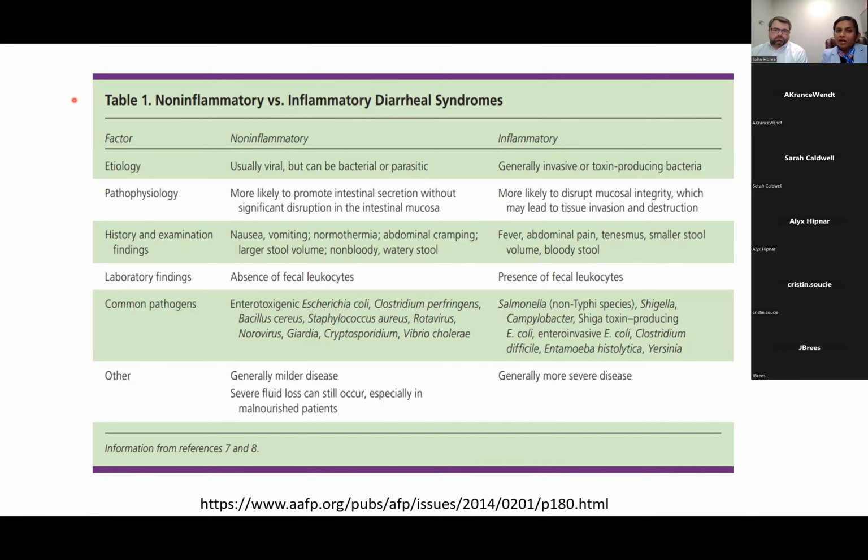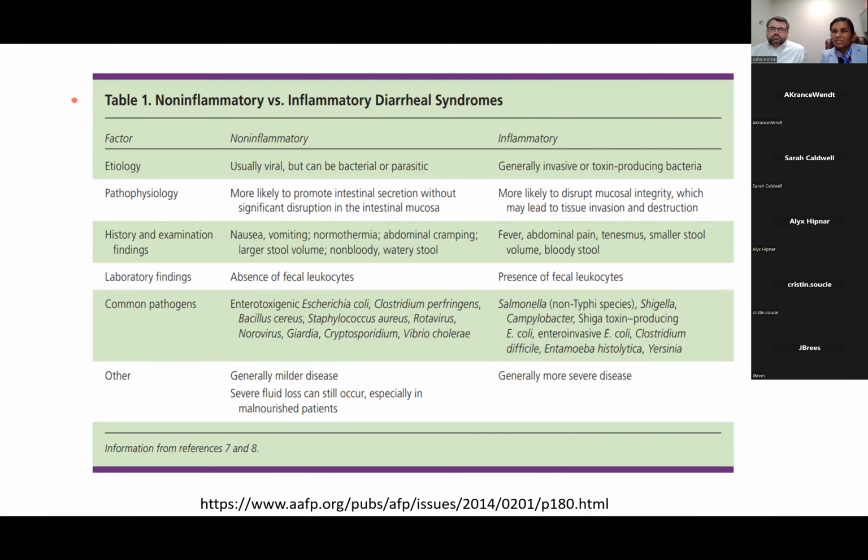The physiology for non-inflammatory is most likely intestinal secretion without significant disruption in the mucosa of the colon, so you're not getting blood most of the time. Usually, with non-inflammatory viral, for example, you have nausea, vomiting, can have abdominal cramping, but non-bloody stools, watery, non-bloody.